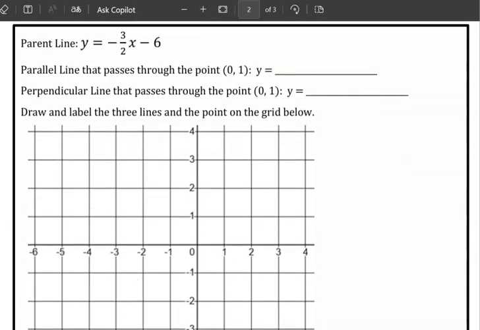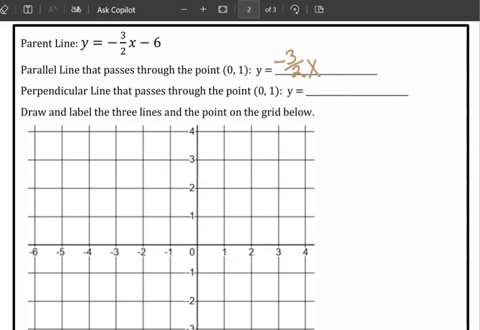Let's consider the parent line y equals -3/2 x minus 6. We want to find a parallel line that passes through the point (0, 1). We know that the slope is going to be the same. Parallel lines have the same slope. But our b is going to be different.